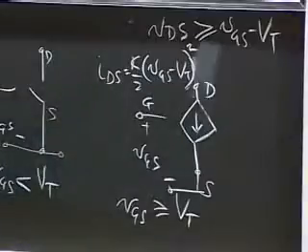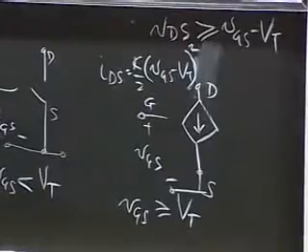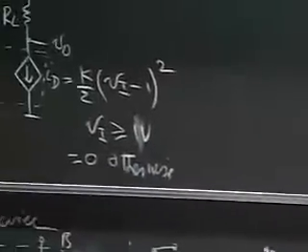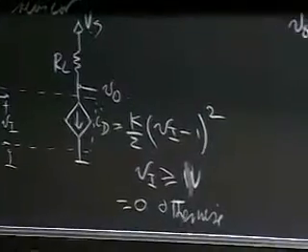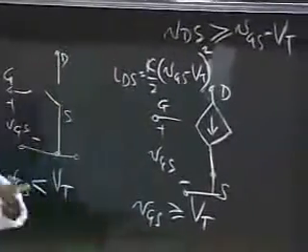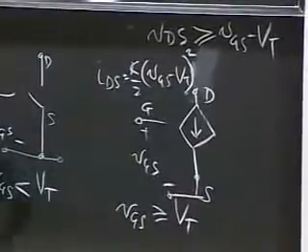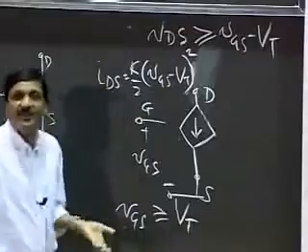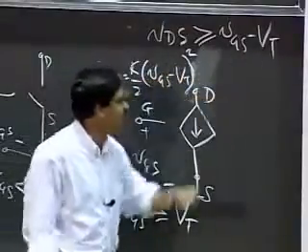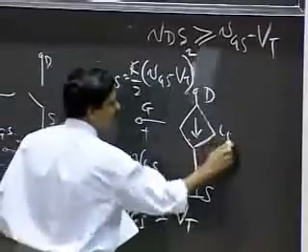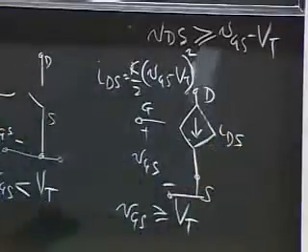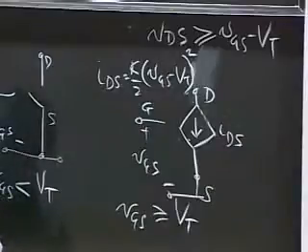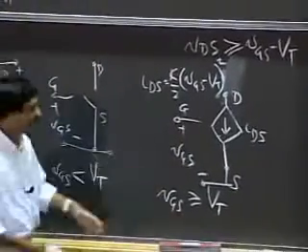Kind of reminiscent of the carefully chosen dependent source example, just that this one here has VT. So this model applies when VGS is greater than VT, so the MOSFET has to be on, and the drain to source voltage in the MOSFET must be larger than VGS minus VT. Then the MOSFET begins to behave like a current source. Okay? This model of the MOSFET is called the switch current source model.